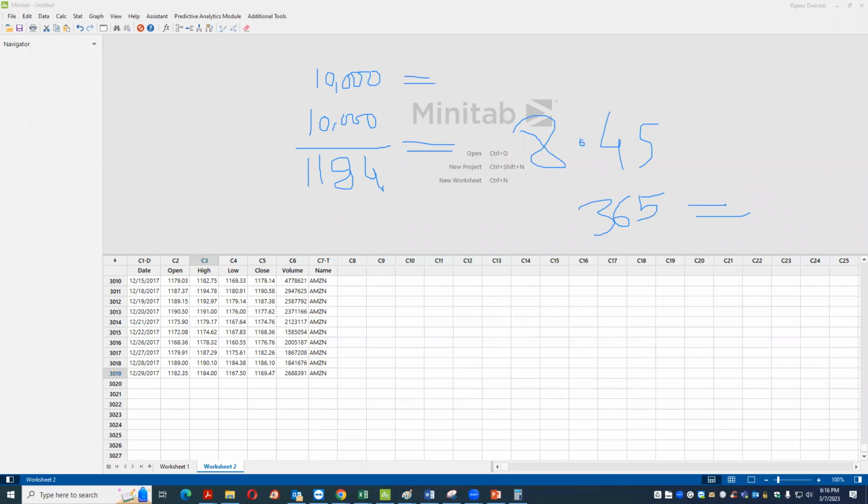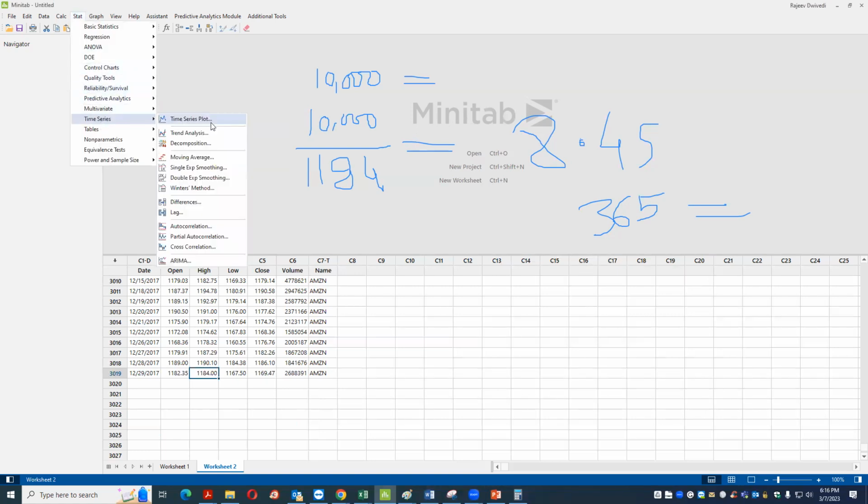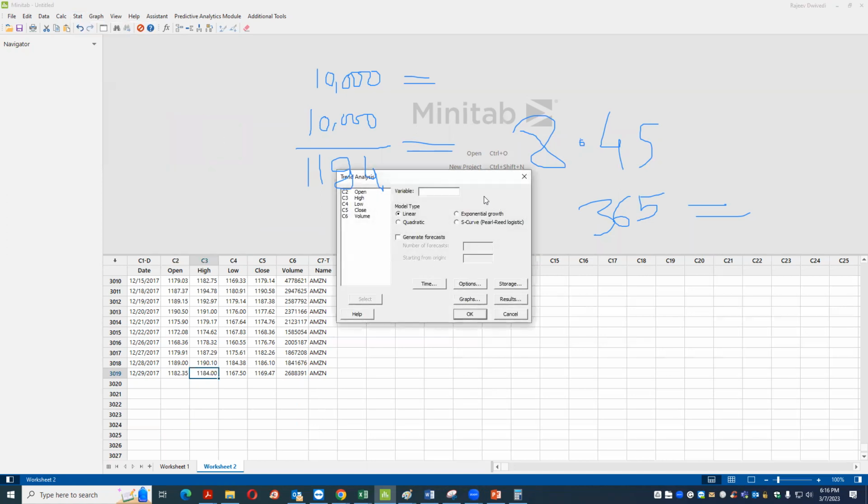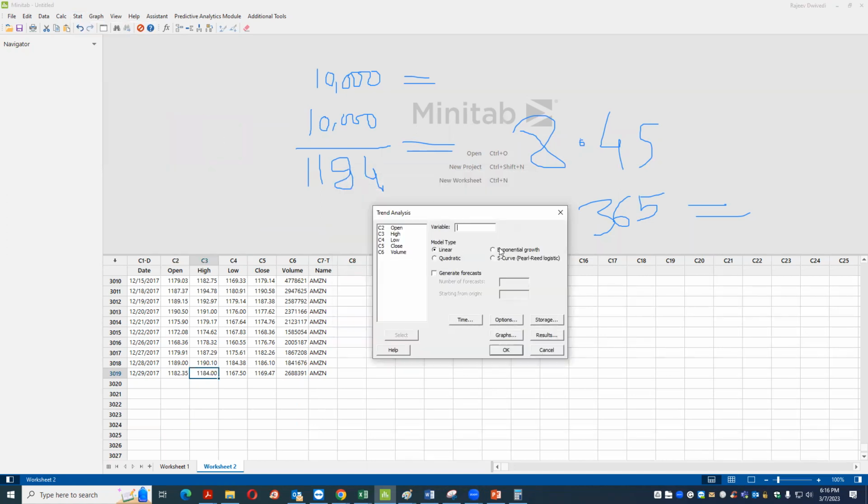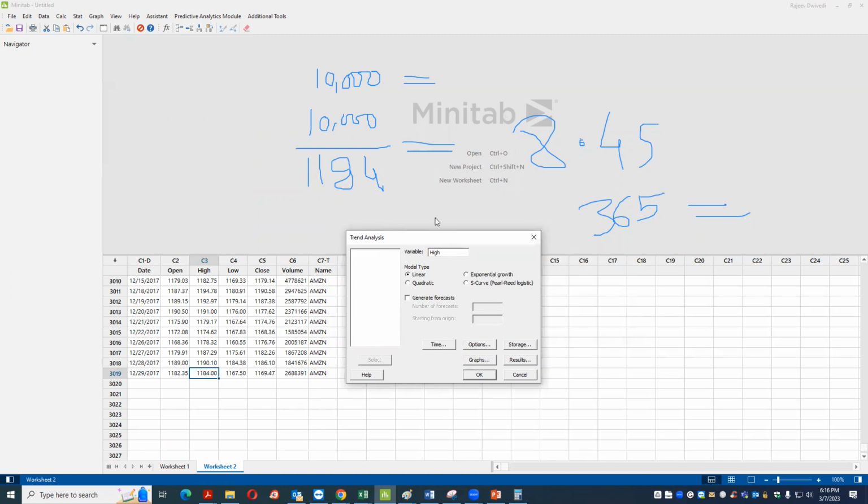So very simple. Here I go under Statistics, Time Series, Trend Analysis, and I look into the high part. Now we have 4 trends. Which trend is going to be the best option? Let's look into that.